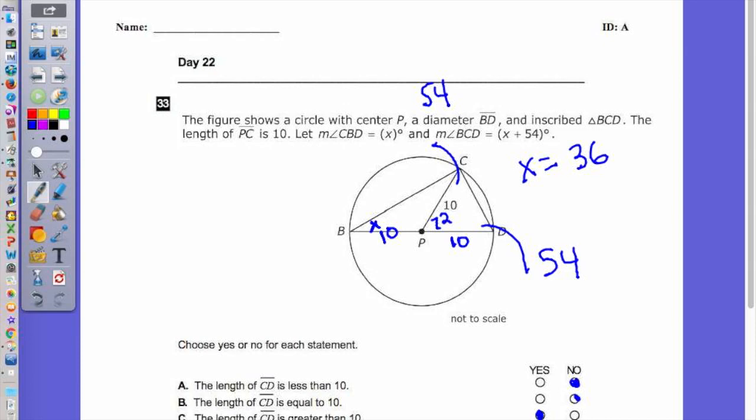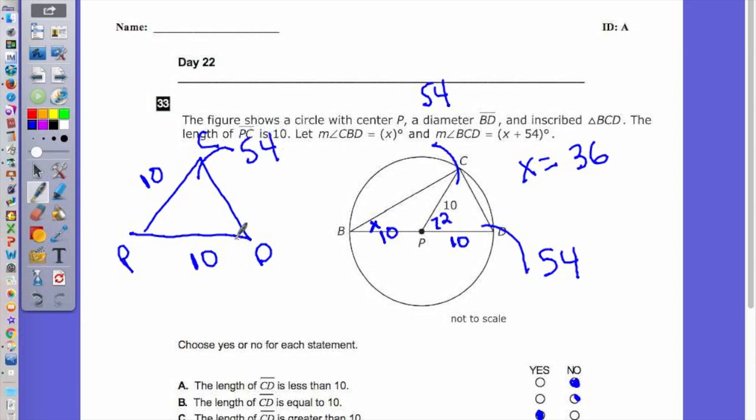Why is it what? Like, which one are you confused about? All of them. Okay, look here. Look at this triangle. Maybe it'll help if I draw it like this, just so you have that triangle. This is C, this is P, this is D. This is 10, this is 10. This angle is 54 degrees.